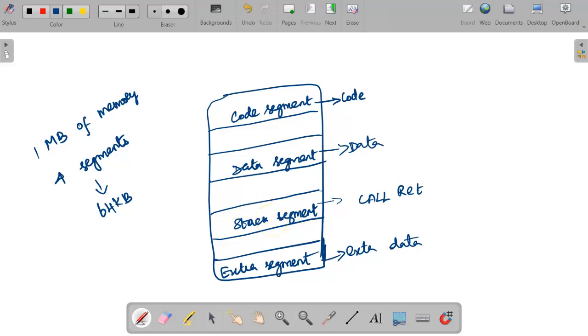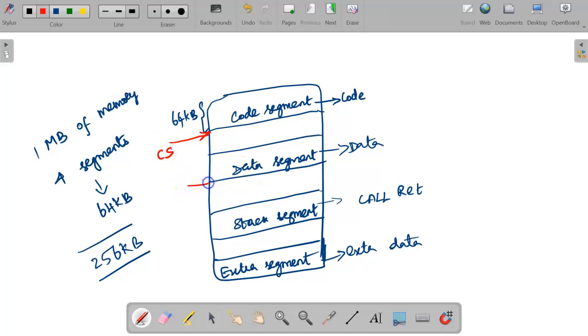Each segment, as I said, is of 64 KB of memory. So totally 64 plus 64 plus 64 plus 64, only 256 KB of memory is used out of 1 MB of memory. And each segment base is pointed to by registers. For example, this is the base of the code segment. This base is pointed to by the CS register.